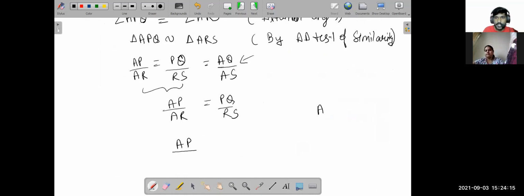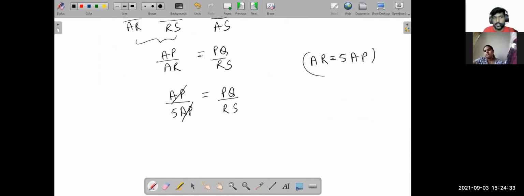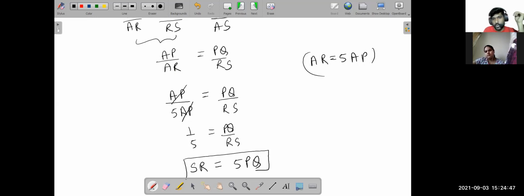But AR is given. AR is equal to 5 times AP. So in place of AR, 5 AP, and keep PQ upon RS as it is. So AP cancels. You have 1 upon 5 is equal to PQ upon RS. Do cross multiplication. So you have SR or RS is equal to 5 times PQ. And this is what you had to prove.